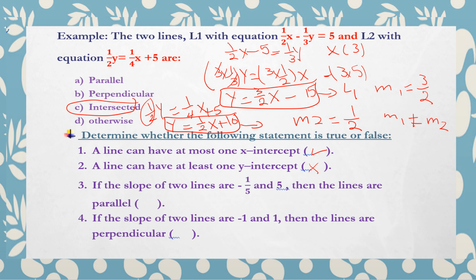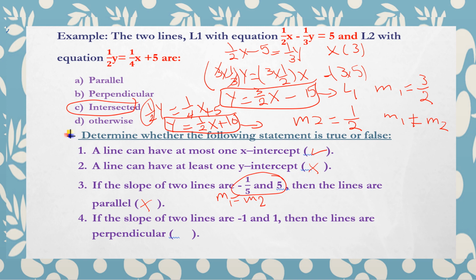If the slopes of two lines are minus 1 over 5 and 5, then the lines are parallel. This is false, as the lines can be parallel only when m1 equals m2, but in this case m1 and m2 are negative reciprocals, so they are perpendicular, not parallel.